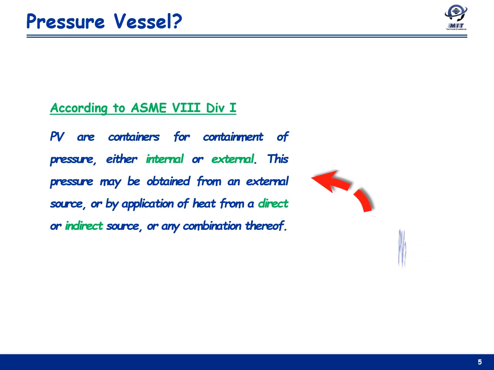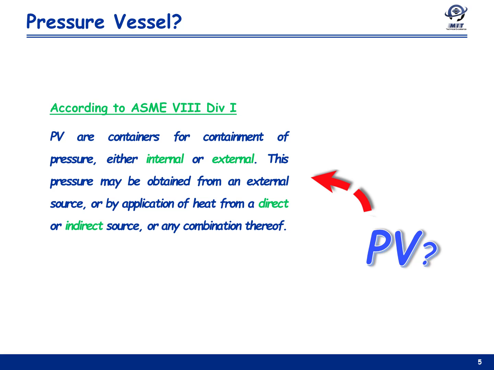And according to ASME Section 8 Division 1, pressure vessels are containers for containment of pressure, either internal or external. This pressure may be obtained from an external source or by application of heat from a direct or indirect source, or any combination thereof.